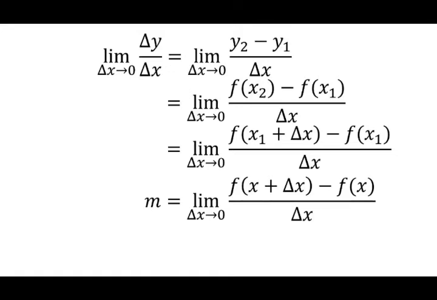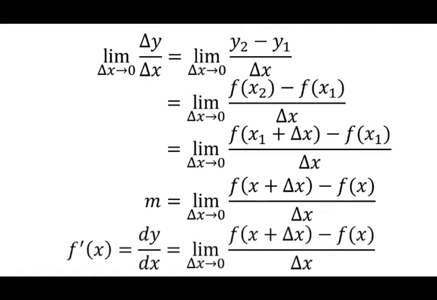In general, for any x, we define the slope of a curve as the first derivative of the function y equals f of x, defined by f prime of x equals dy over dx equals f of x plus delta x minus f of x all over delta x as delta x approaches 0.